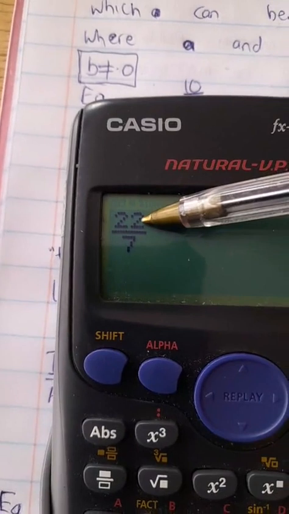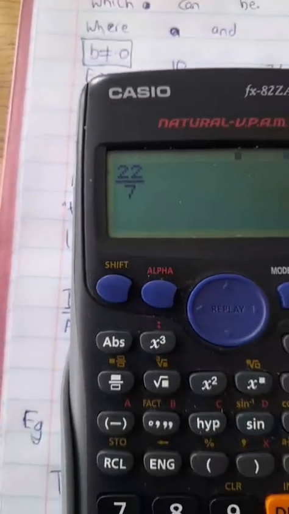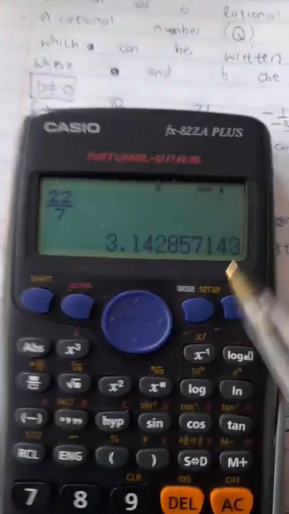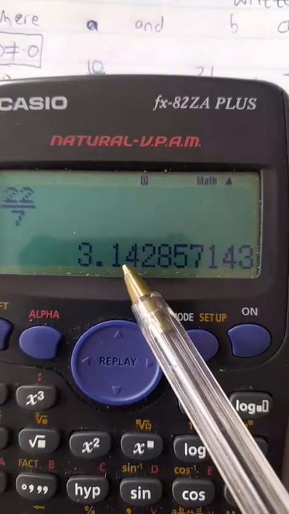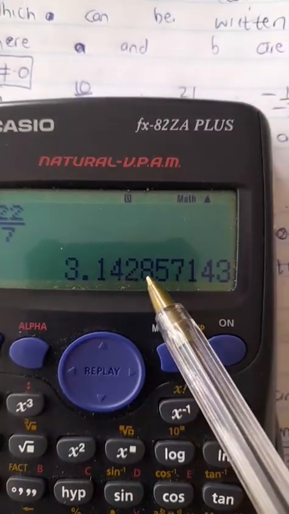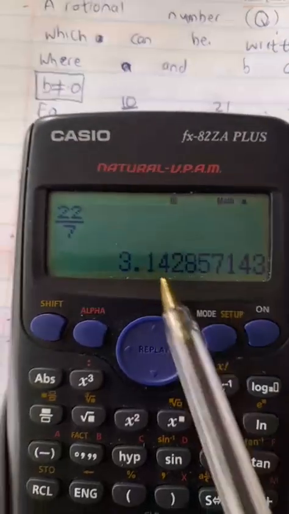The numerator, 22, is an integer, and 7 is also an integer. If we press SD, something I want you to note is 3,1428571.